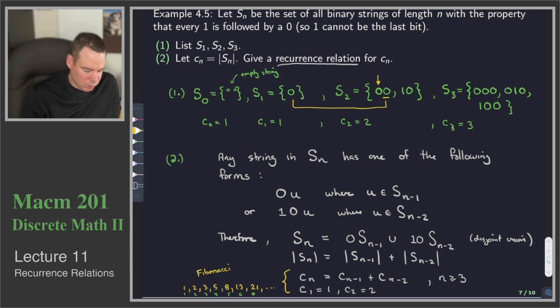Now, how did we get the other string? The one that started with the 1. Well, it started with a 1, 0. So the way we got that was we took the empty string and we appended in front of it the 1, 0. So this was really a 1, 0 followed by the empty string, which is just 1, 0.